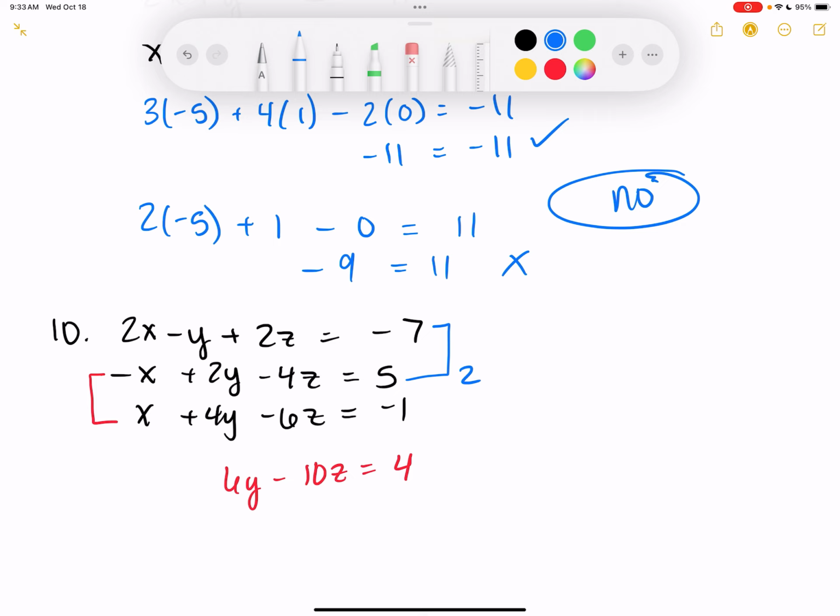Usually if I end up having to multiply an equation by something, I will rewrite them just to avoid having a problem. So 2x minus y plus 2z is equal to -7. And then multiplying this one by 2, I get -2x plus 4y minus 8z is equal to 10.